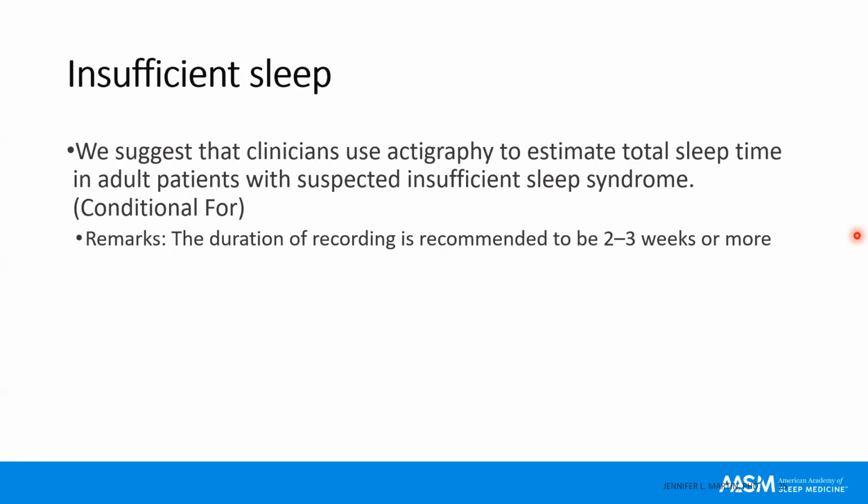In my own practice, I found this very useful for patients who present with hypersomnia. If you ask them how much they sleep, they give you a socially desirable answer, like 7 hours a night. When you actually put an actigraph on them and have them go home, you find either that they're in bed for 7 hours a night, but they're not sleeping that time because they're in bed doing something else.